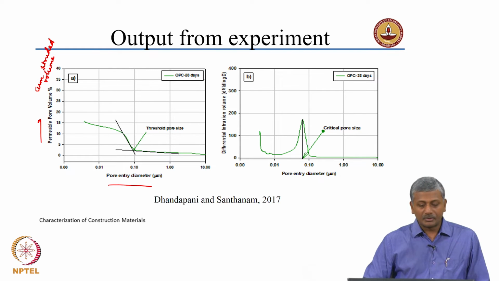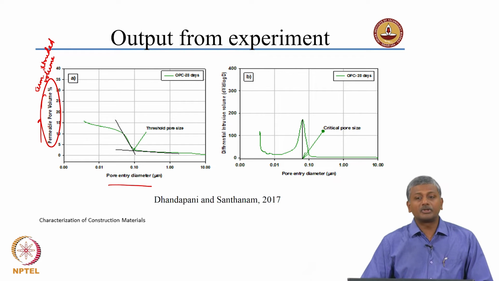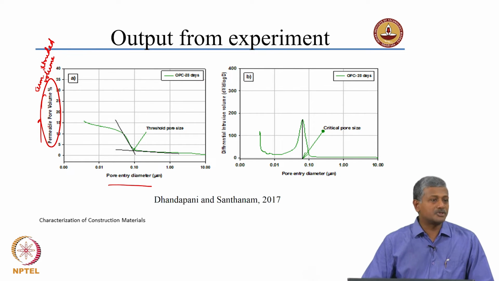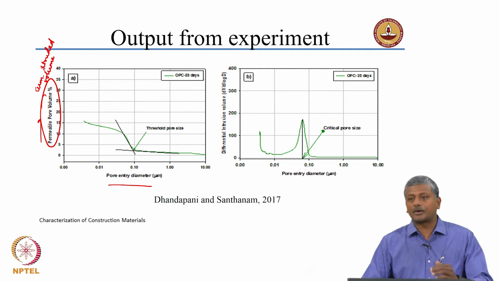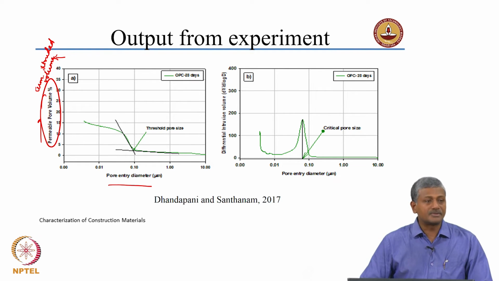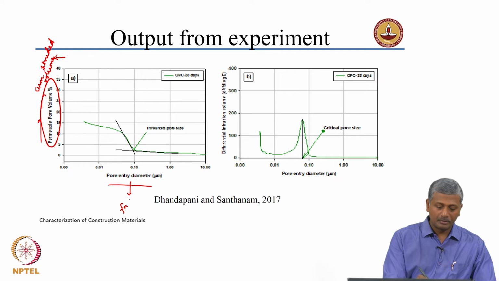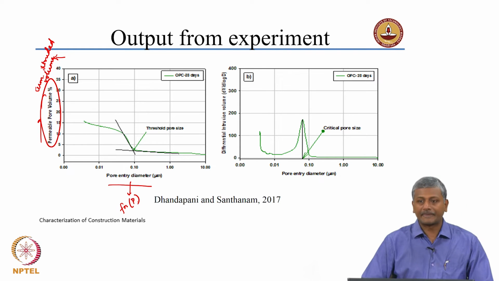Okay. So, of course, this is not the original output that you actually get, you need to do some conversions to actually get the pore volume as a percentage, but what you have as the raw data available from the experiment is the cumulative intruded volume of the mercury into the system as a function of the pore diameter, and obviously pore diameter is a function of the pressure that you apply in the system.